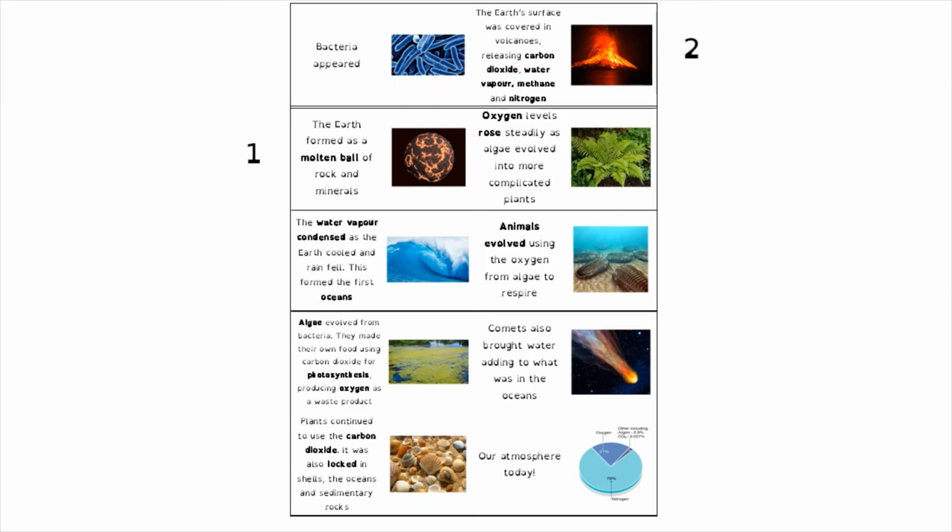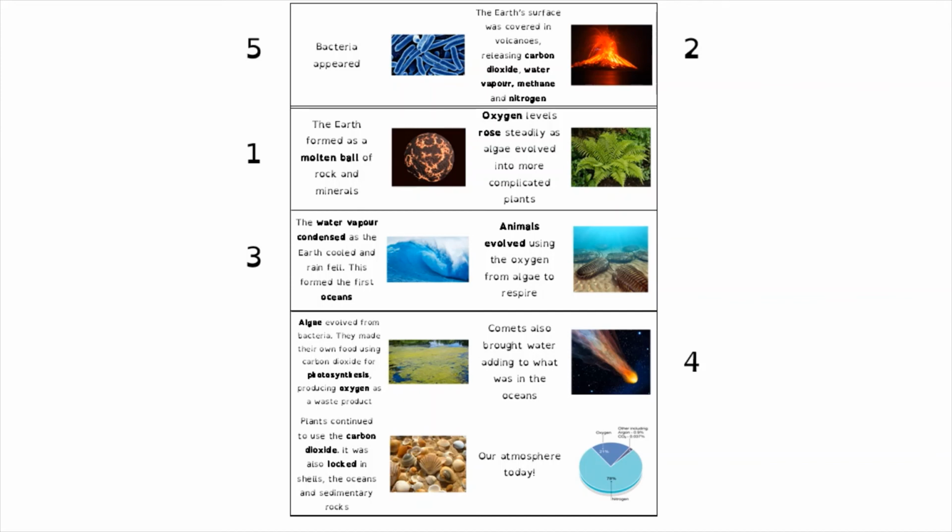The second is that the Earth's surface was covered in volcanoes, releasing carbon dioxide, water vapour, methane and nitrogen. The water vapour condensed as the Earth cooled and rain fell. This formed the first oceans. Comets also brought water, adding to what was in the oceans.